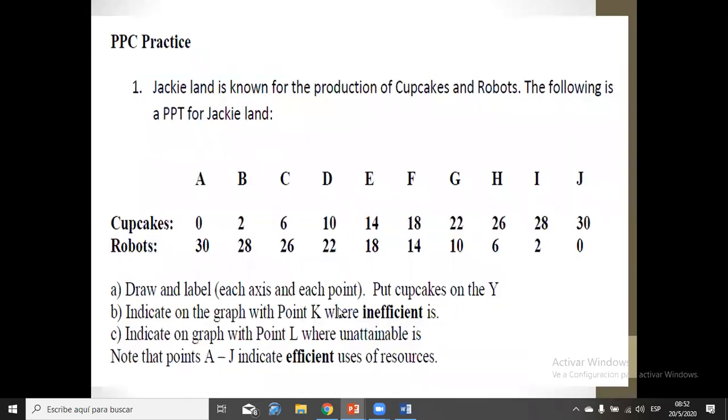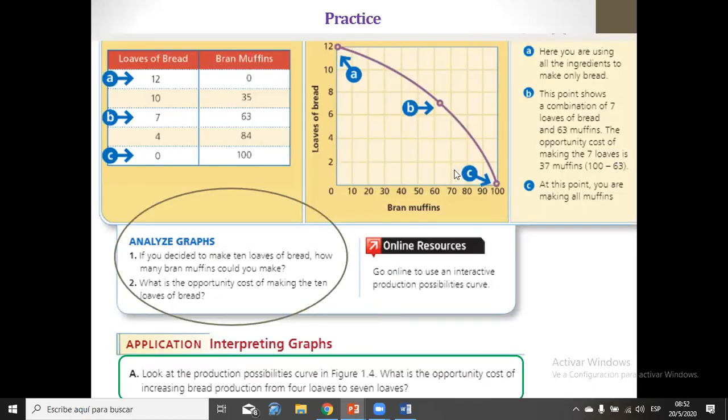Okay, now over here there are 2 terms that we'll discuss, I don't know if today or tomorrow. This is inefficient and unattainable. Inefficient is when you are not using properly all the resources, and you are missing some resource in order to produce at the frontier or the limits of your production, okay?